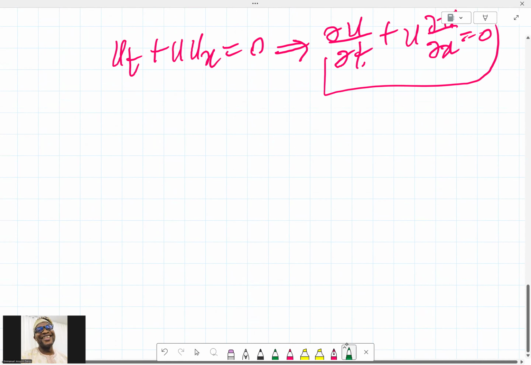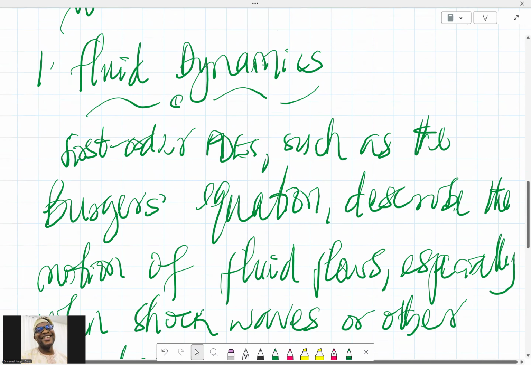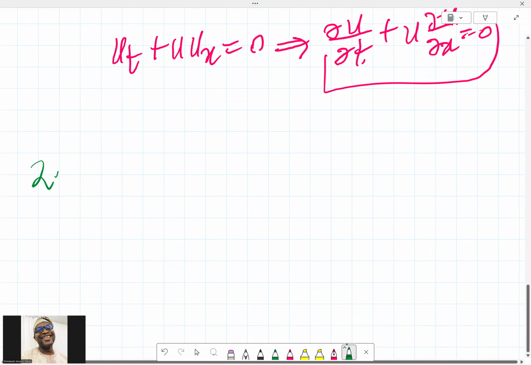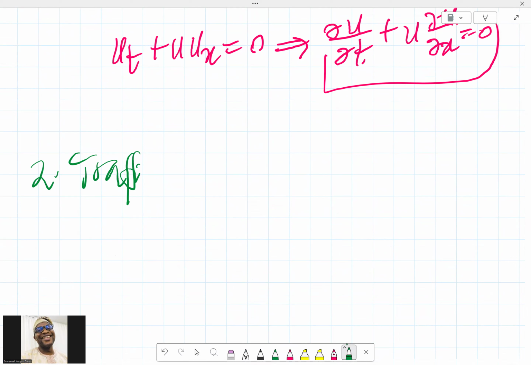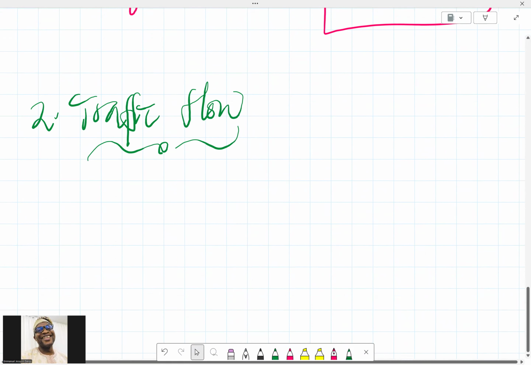So then we go for another application. Number two, application of first order partial differential equations: traffic flow. So it's a flow, right? And it also takes place in time and space.